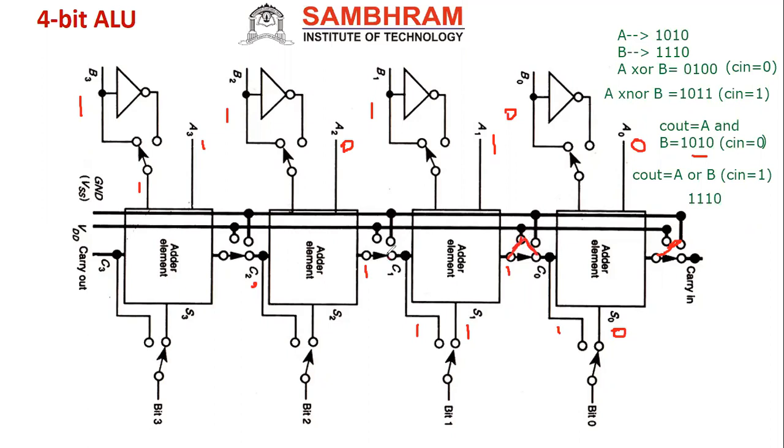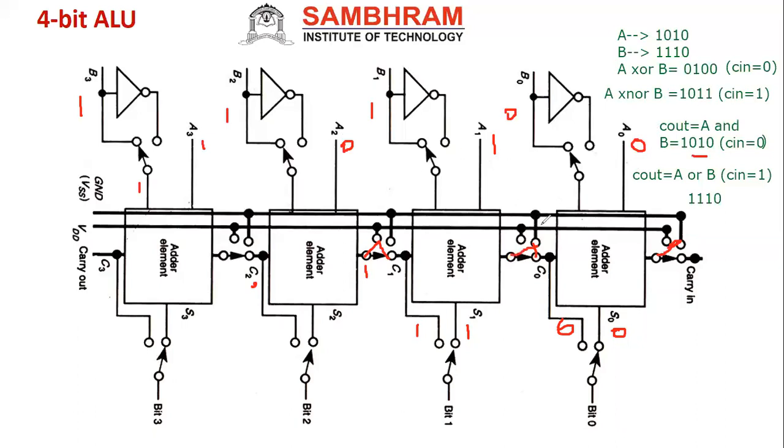So same the way even here also. Here 0, 0, 1: sum is 0, carry also is equal to 0. Okay, carry also is equal to 0. So carry is 0 in the sense, we made the mistake. Carry is equal to 0 in the sense connected to VSS. This is connected to VSS, this is also connected to VSS.